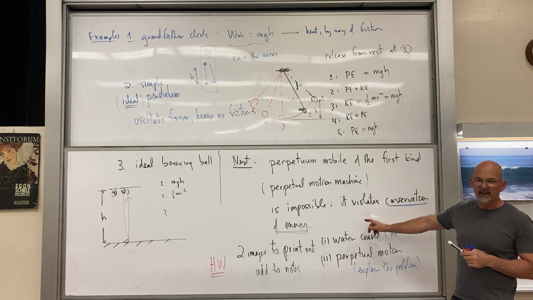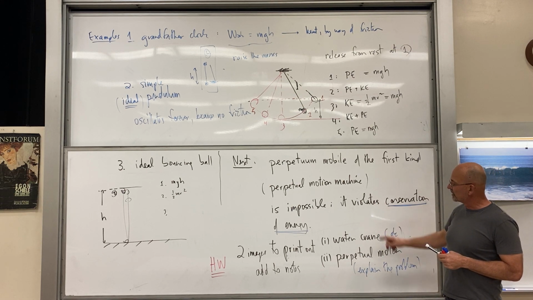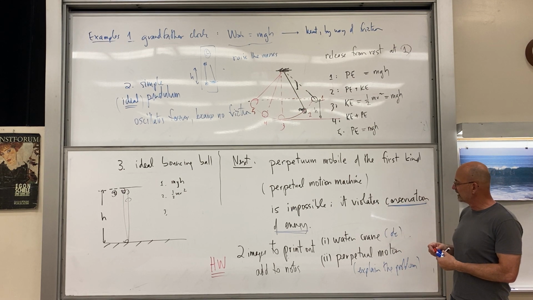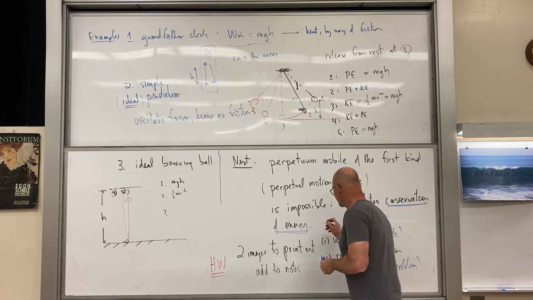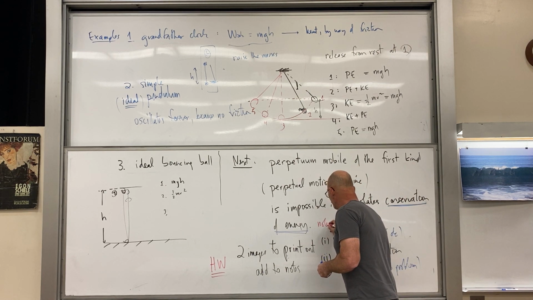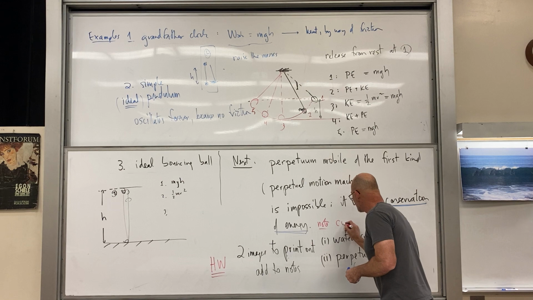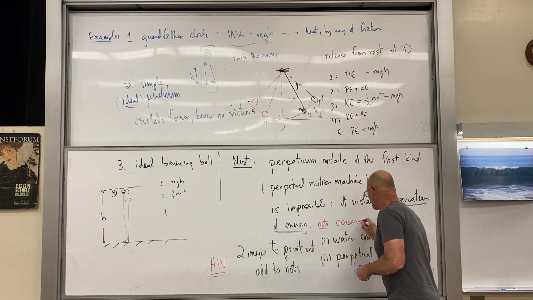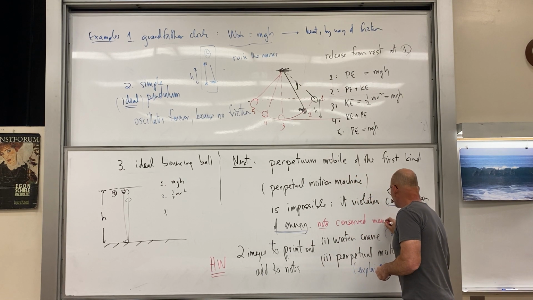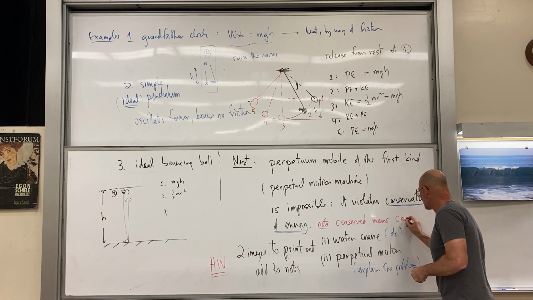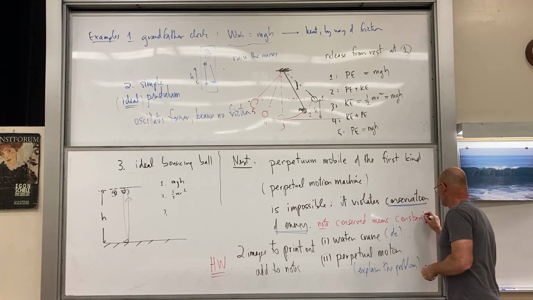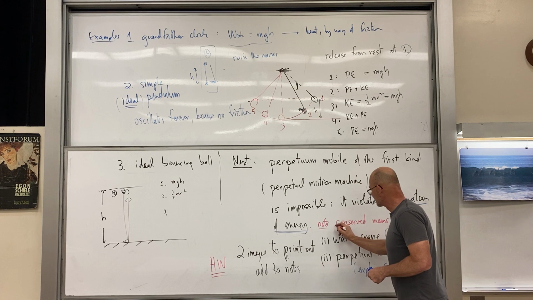Okay, I'll have a chance to explain that again, but you may want to put that down right now. Conserved means constant. Here, I'll write that down. Short note. Conserved means constant, unchanging.